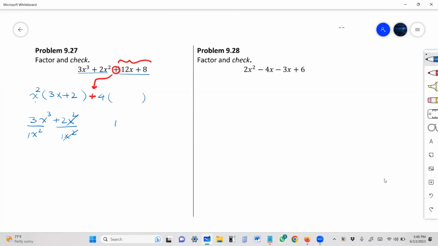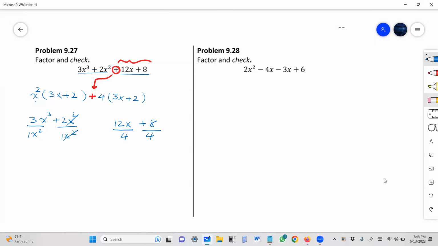Open and close parentheses, same as before, 12x plus 8, each divided by the GCF, positive 4. 12 divided by 4 is 3x. Positive 8 divided by positive 4 is positive 2.